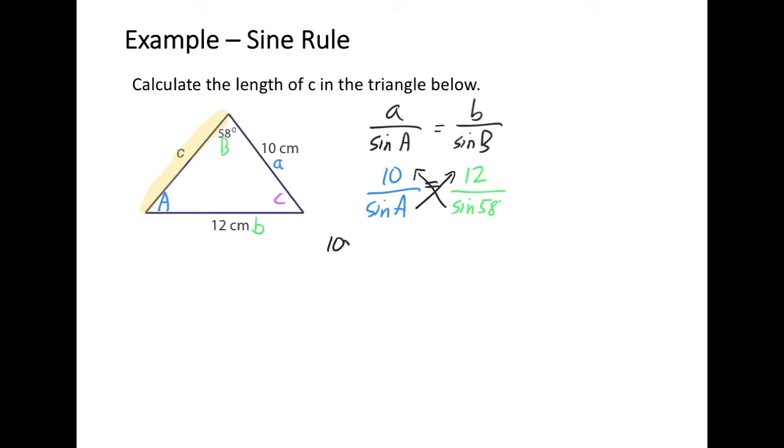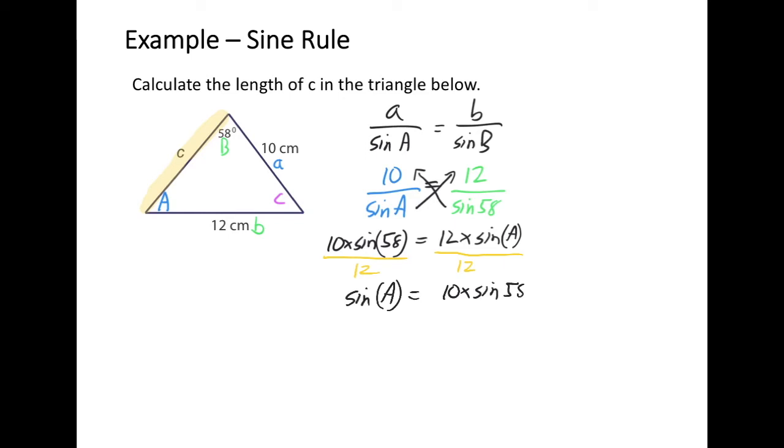So 10 times sine of 58 is going to equal to 12 times sine of A. So then I want to divide both sides by 12. So sine of angle A is going to equal to 10 times sine of 58 divided by 12.